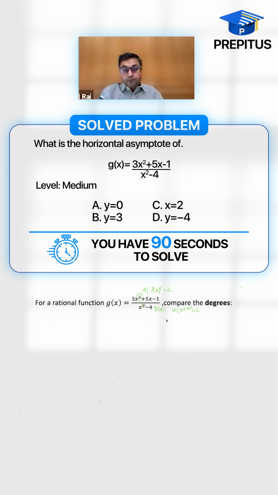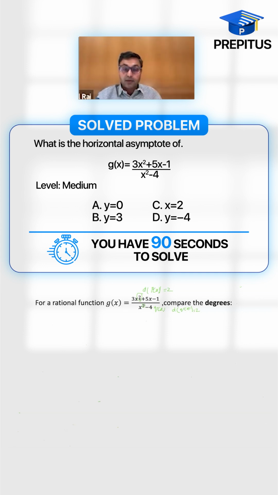Now, once you find the degree, what you need to do to find the horizontal asymptote is compare the degrees. And there are three specific cases. One case is when the degree of p(x), the numerator, is greater than the degree of the denominator. We have one definition for that. The second one, which is applicable to this case, is where the degree of the numerator is equal to the degree of the denominator.